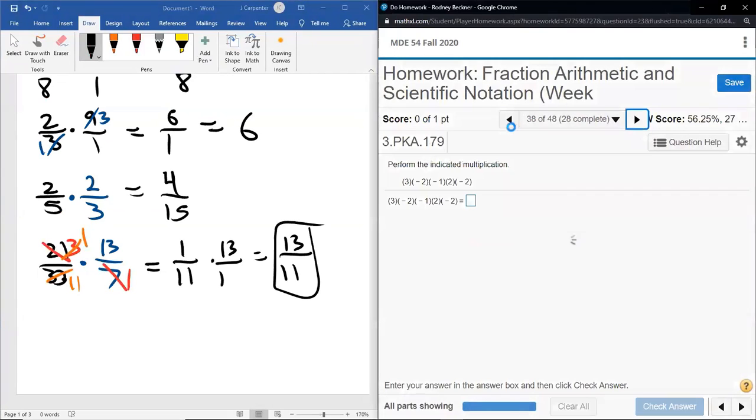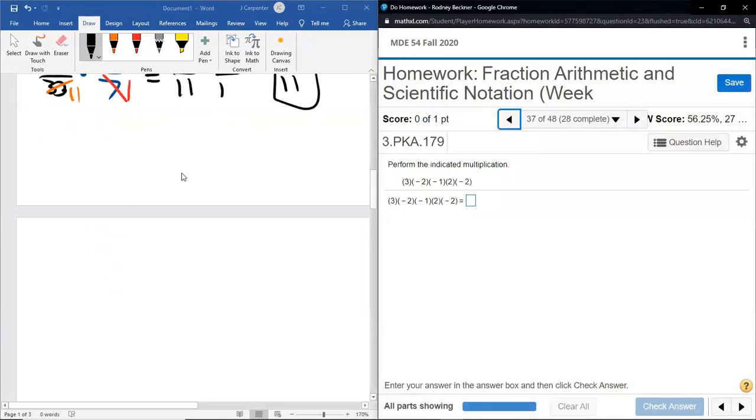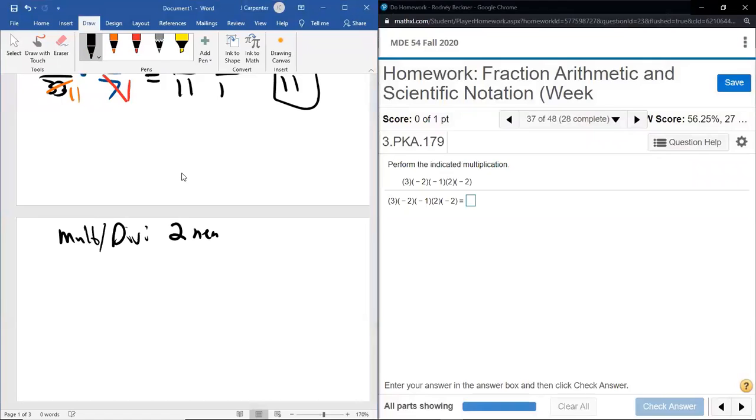This is just a random problem in here, just as a reminder of the signed arithmetic. Remember that with multiplying and dividing, two wrongs make a right is what some people like to say. It's that two negatives make a positive.